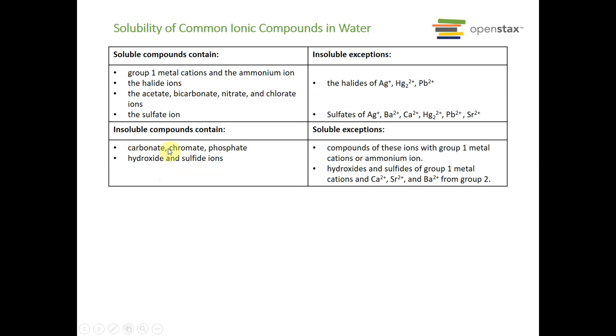So titanium carbonate, titanium chromate, lead phosphate, iron phosphate, all of these are insoluble, with a few exceptions, okay? Of course, thus, because these are always soluble, that represents an exception down here.